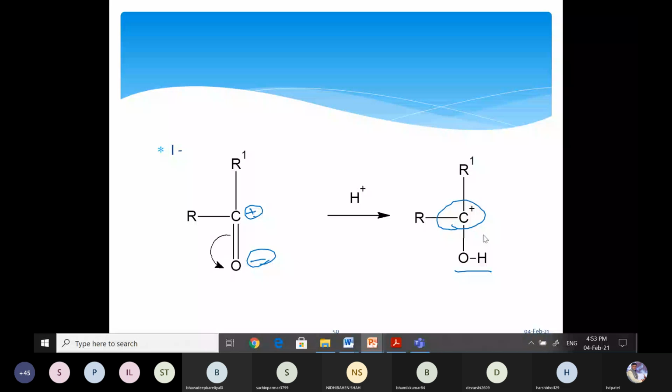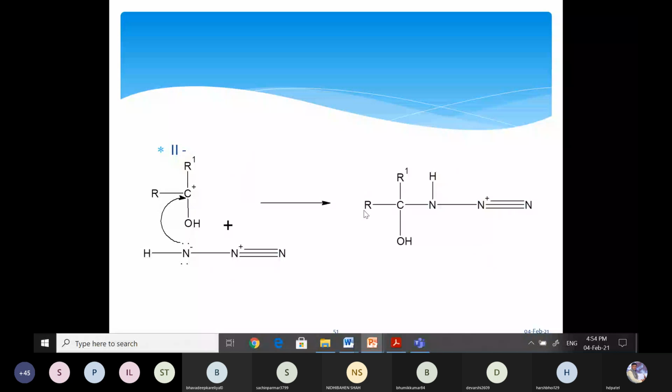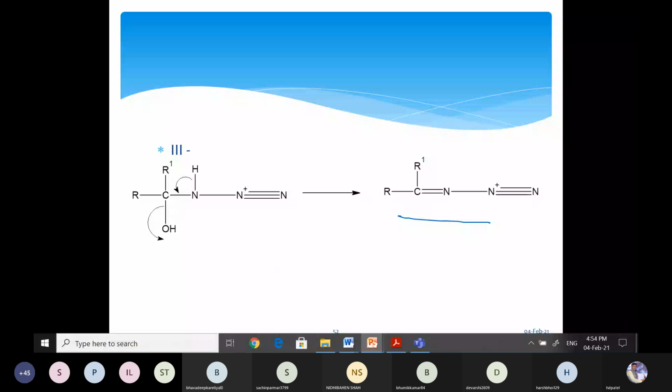Now, once we have the carbocation, the same steps we have discussed earlier take place. It means hydrazoic acid will react with the carbocation. When hydrazoic acid reacts with the carbocation, we will get R1COH NH N plus triple bond N. Now from this, removal of a water molecule, or dehydration, will take place.